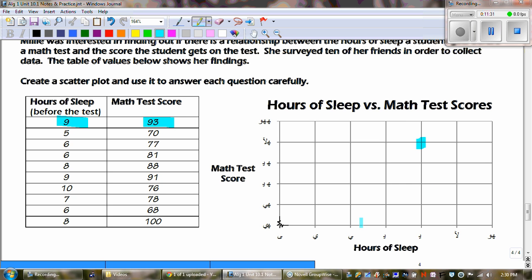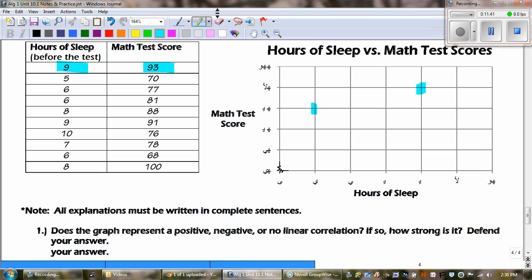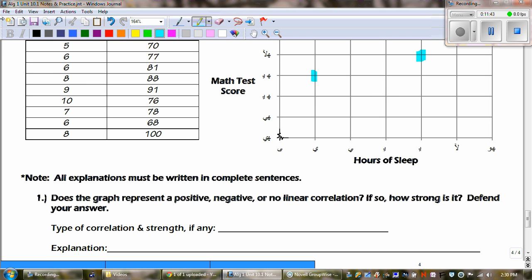And then you go to 5 and then you go to wherever 70 is, and you put a point, and you just keep doing it. And then you answer the questions. Make sure down here it says that all explanations must be written in a complete sentence. Now, if you have any questions, please come see Ms. Carranza or myself. We would love to help you out.